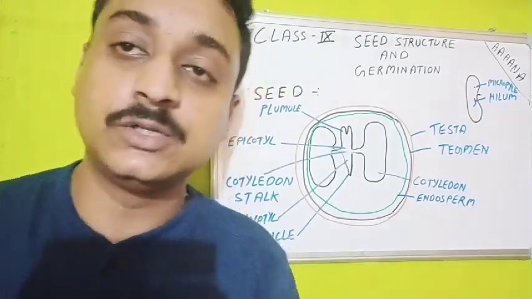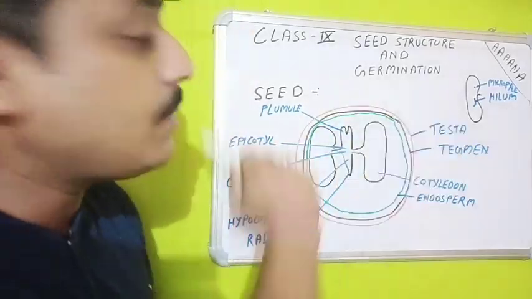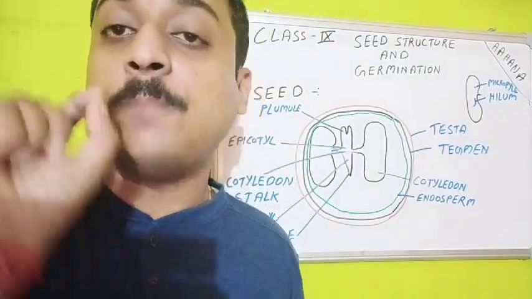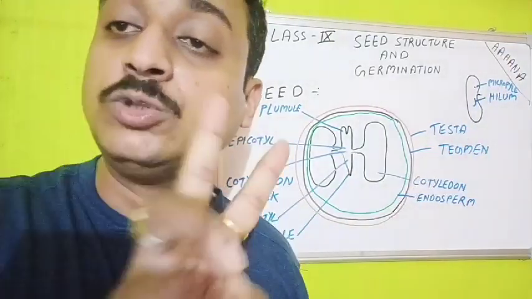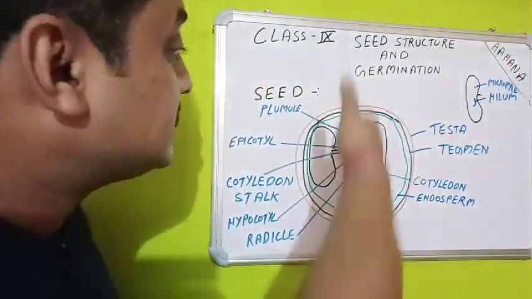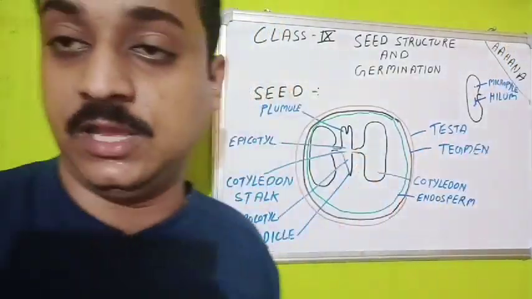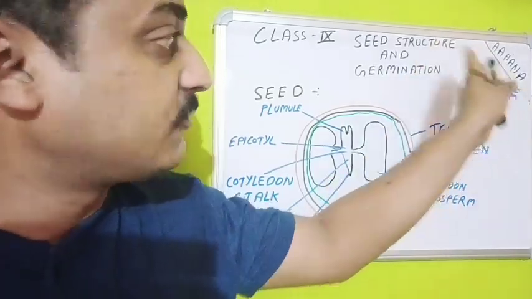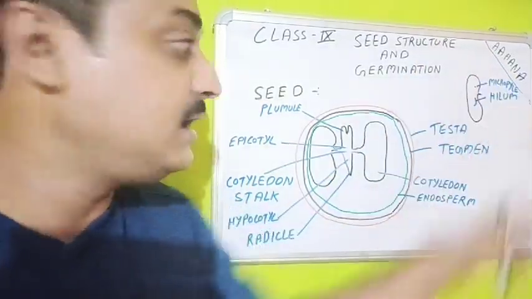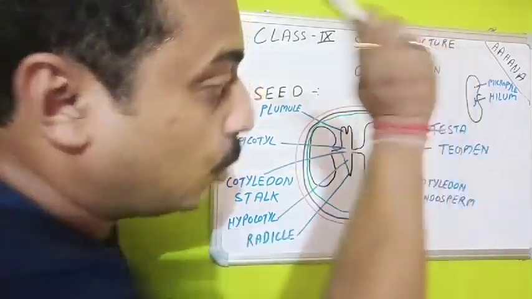This whole diagram is based upon the parts of the seed, and this one particular diagram will only show two things present in the seed. Since it's a dissected part, I have made it in a different place, because it can't be accommodated here. This one is the whole seed.